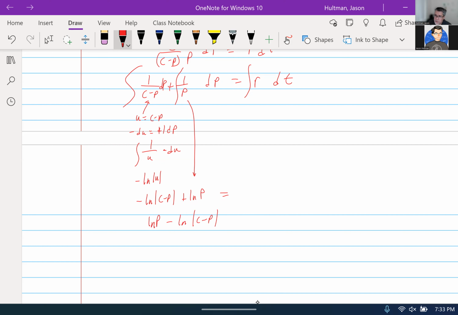And from our properties of natural logs, the difference of two logs is the quotient of the values. So natural log of p over c minus p. Oh, there's absolute value there as well. Is equal to, now what's the integral on the other side? That's just rt plus C. Maybe we'll call that C1. Is equal to rt plus C1.